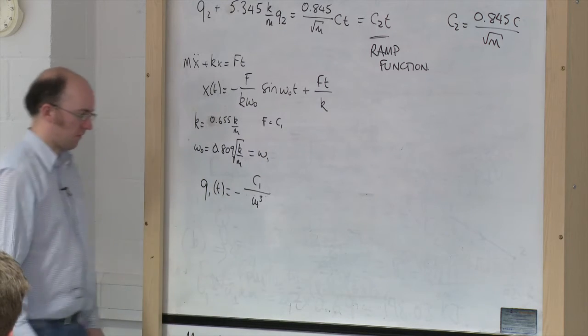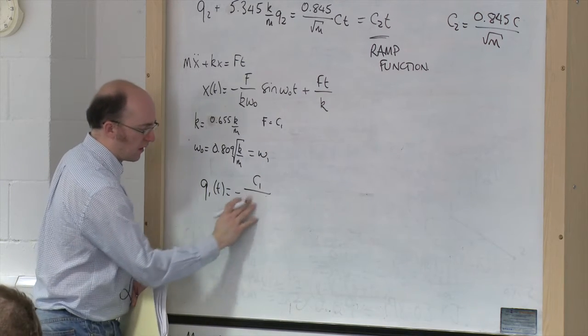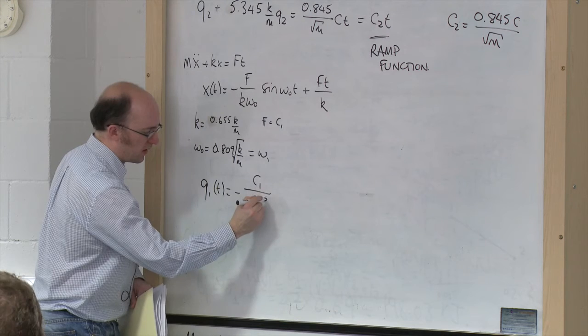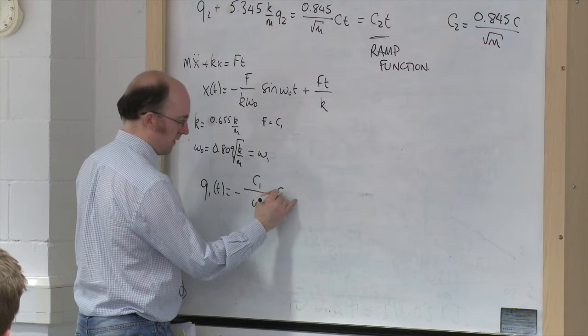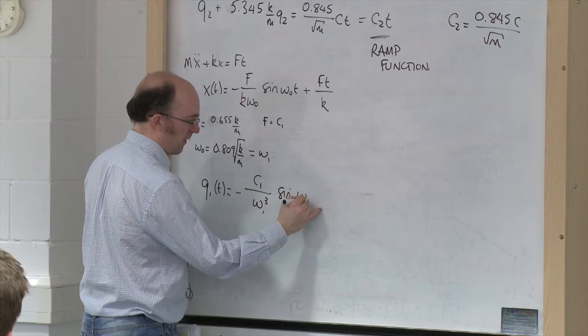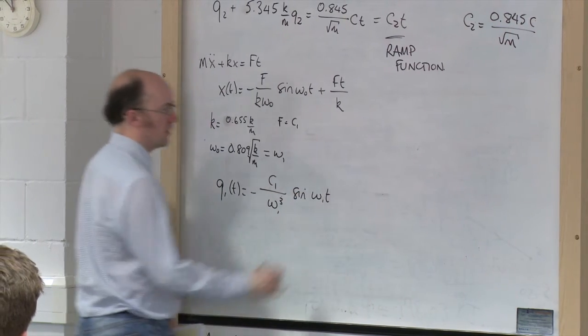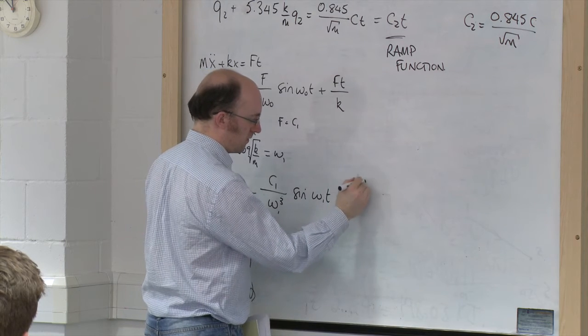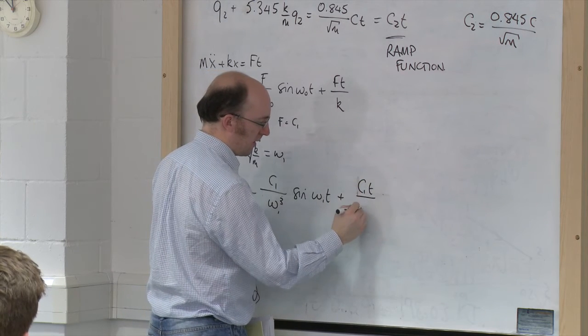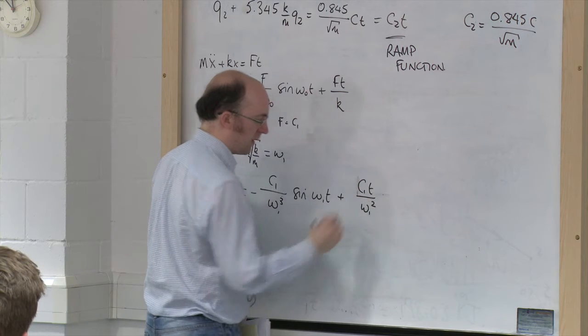So omega 1 cubed, sine omega 1 t, plus c1 t divided by omega 1 squared.